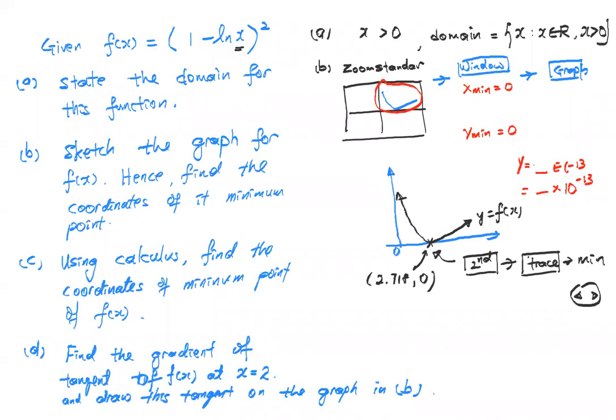Okay, so if I want to use calculus to get the answer, first of all, I have to put my f(x) as 1 minus ln x to the power of what? Oh, power of 2. Power of 2.